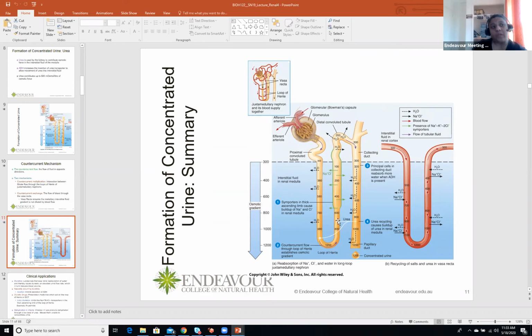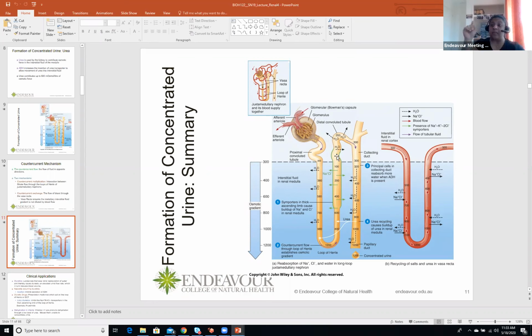When things are moving in the upward direction, the osmolarity is decreasing because water is being retained in normal circumstances. The longer the distance for the things to travel, the more osmolarity gradient will be created, because there will be more reabsorption of water along the length of the tube.